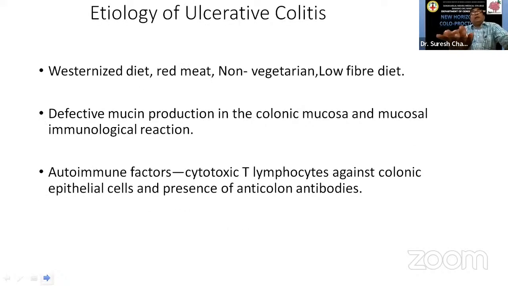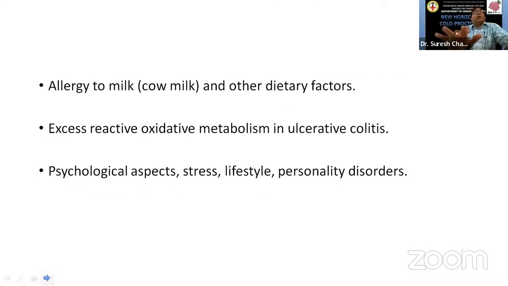Now, westernized diet, consumption of red meat, non-vegetarian diet, and low fiber diet are all predisposing factors for the development of ulcerative colitis. Defective mucin production in the colonic mucosa and mucosal immunological reaction are also predisposing factors. Autoimmune factors include cytotoxic T lymphocytes against colonic epithelial cells and the presence of anticolon antibodies.